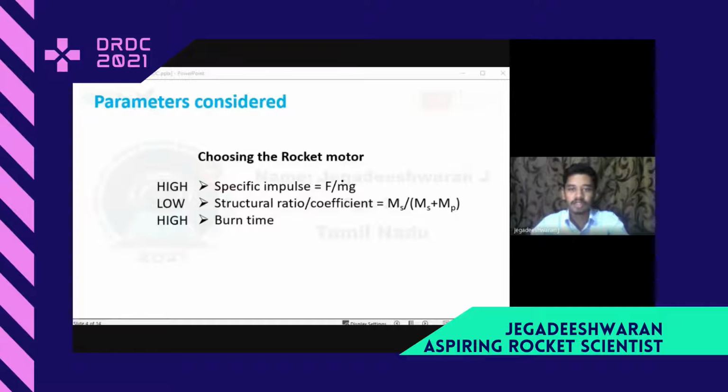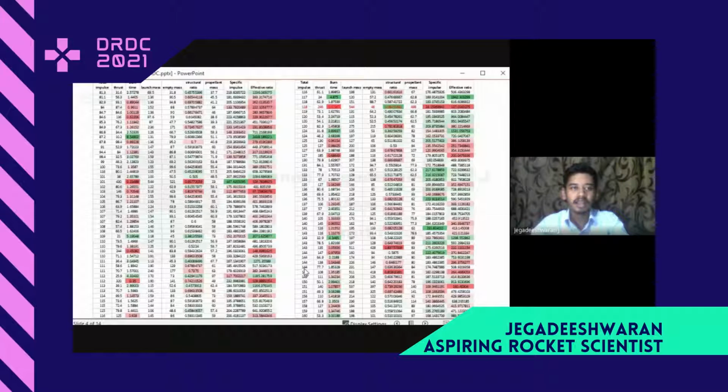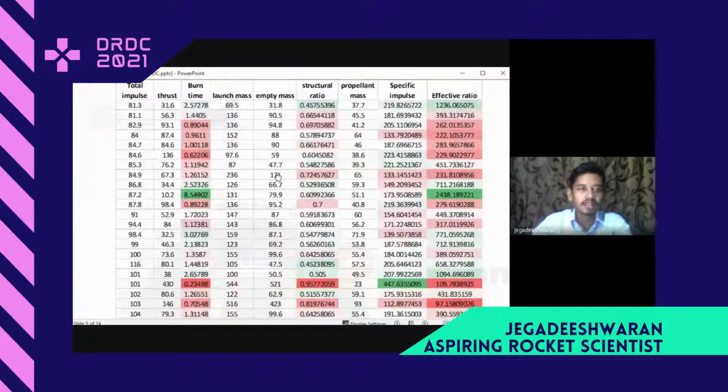To find out which motor in OpenRocket has these properties, following the guidelines, I tabulated all the G class motors like this in an Excel sheet, and I calculated all these parameters: the burn time, structural ratio, then propellant mass, specific impulse, and something called the effective ratio.